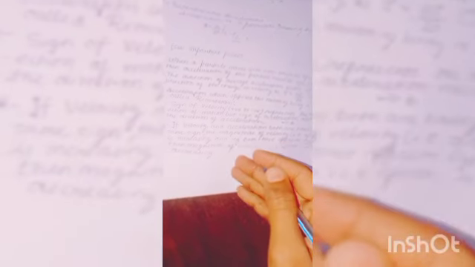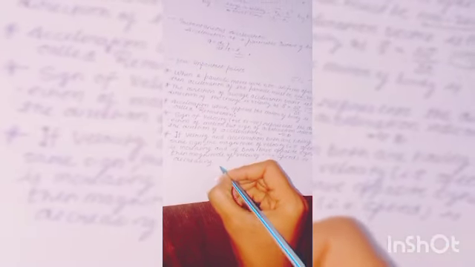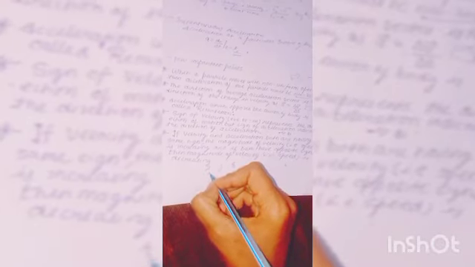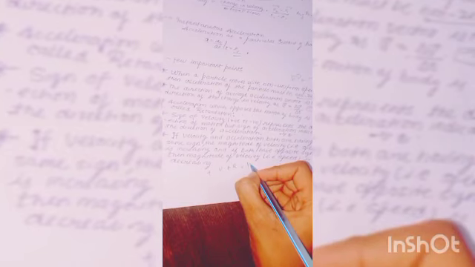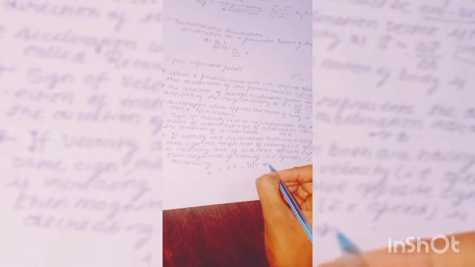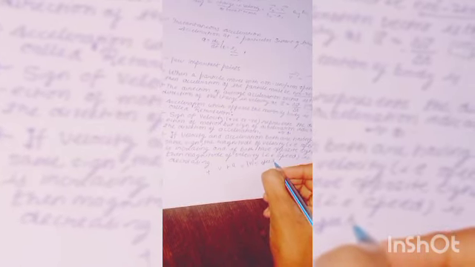If velocity and acceleration both have the same sign, the magnitude of velocity (speed) is increasing, and if both have opposite signs, the magnitude of velocity is decreasing. If v and acceleration have the same sign, then the magnitude of velocity will increase.